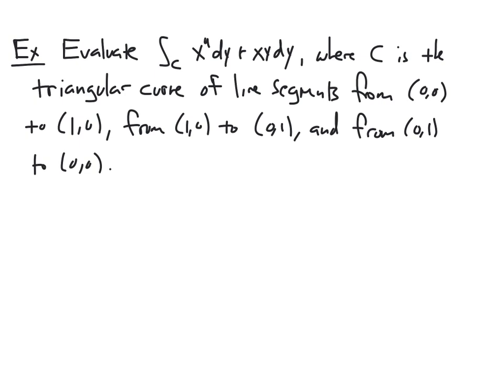Right? So we have this line integral of a vector field, x to the fourth dx plus xy dy. And we want to integrate that over a curve, which is the union of 3 line segments.